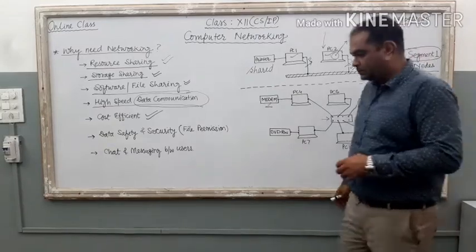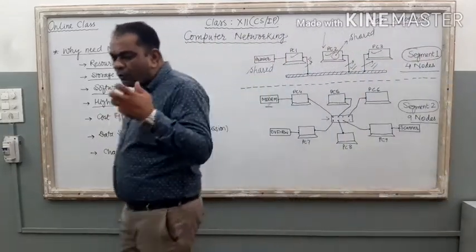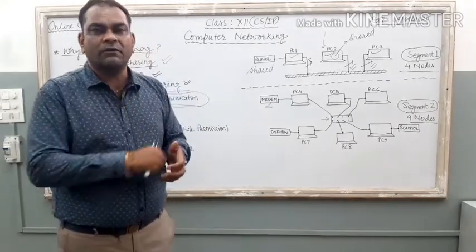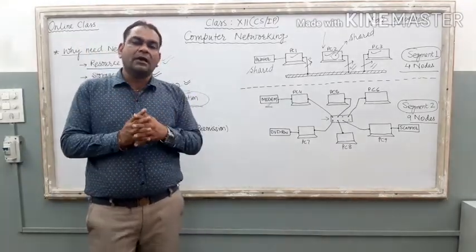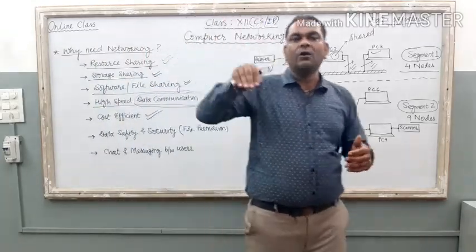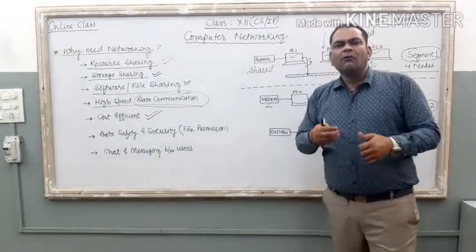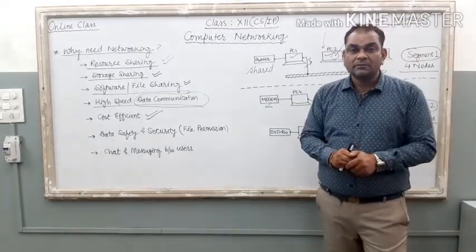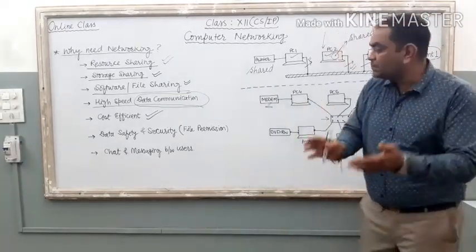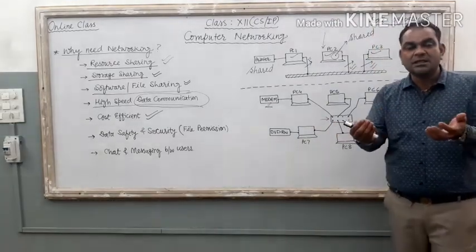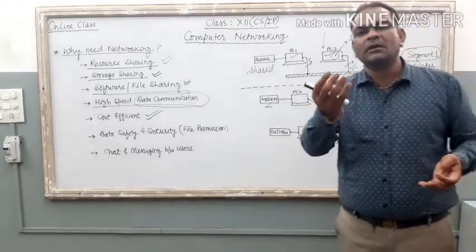Now, let's find out what is the overall cost of a network. If you want to connect about 20 computers under one roof in a network, what will be the cost to form the entire network? You just purchase one central communicating device, a hub or switch. The cost of a hub or switch is about 1000 rupees.